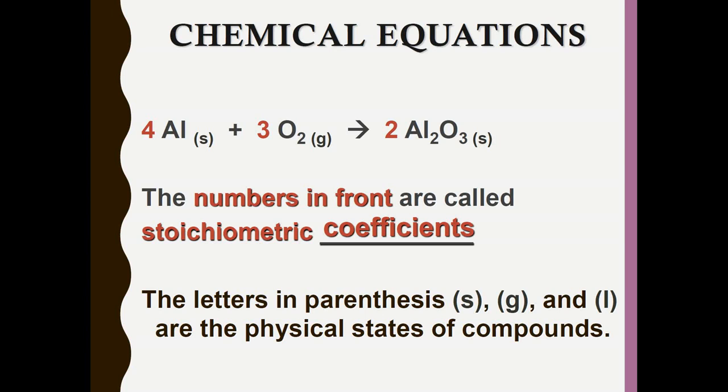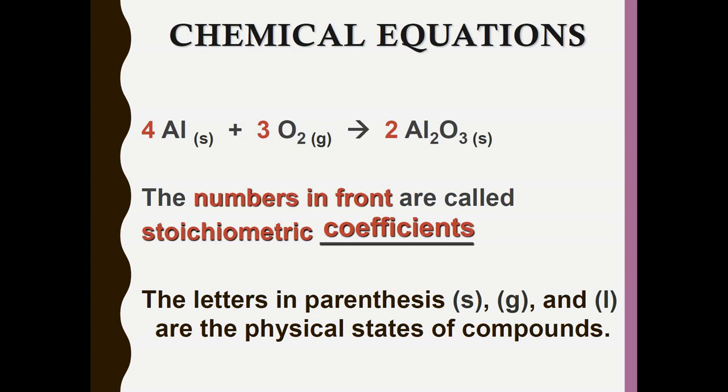Now, if I have aluminum and oxygen, it's going to form aluminum oxide. And the number, as you can see from the slide in front, says 4Al. It means 4 aluminums, 3 O2, 3 oxygens, and in the end, the product is 2 aluminum oxide.